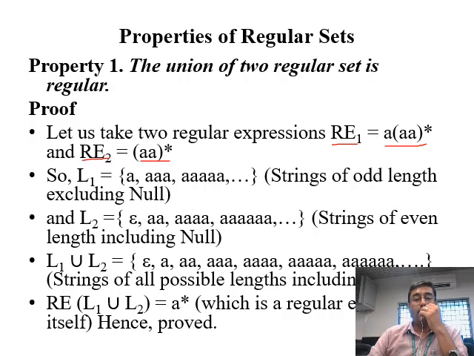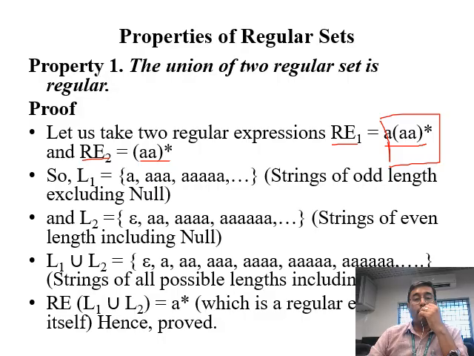So A is an odd value, then AAA, that is A cube, then A power 5. So for this regular expression, the language is of odd length. When I take regular expression 2, AA(AA)*, this is of even length. So that is A power 4, A power 6, A power 8, like that.